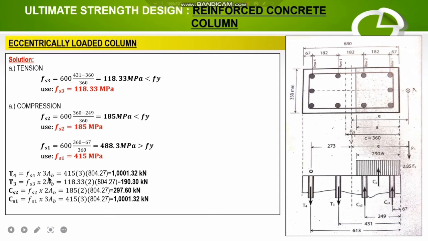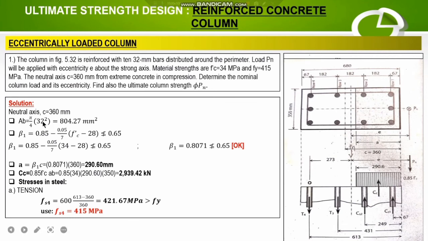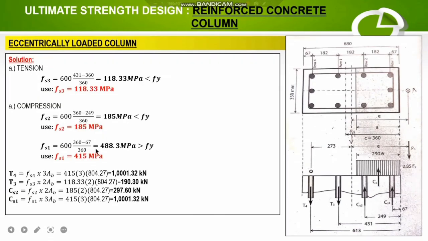So T4 is equal to 415, which is Fs4, times 3 times 804.27, which is the value of our AB. Okay, so T4, or the tensile force 4, is equal to 1001.32 kilonewtons.